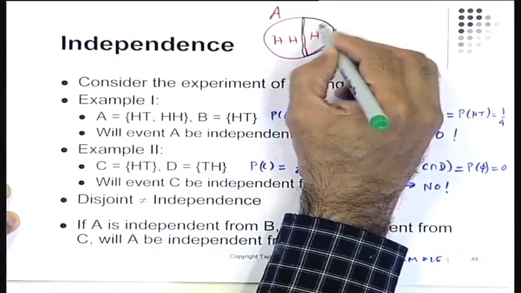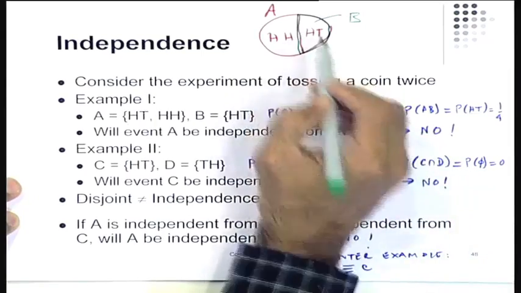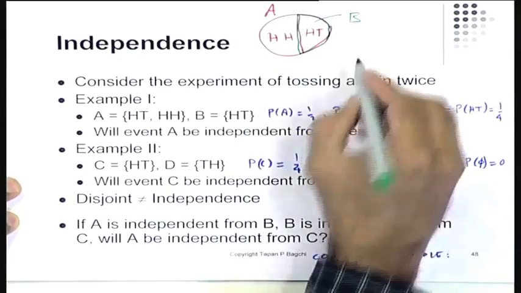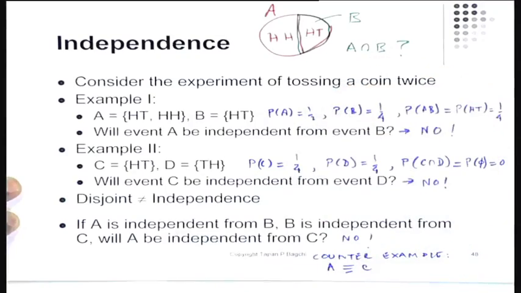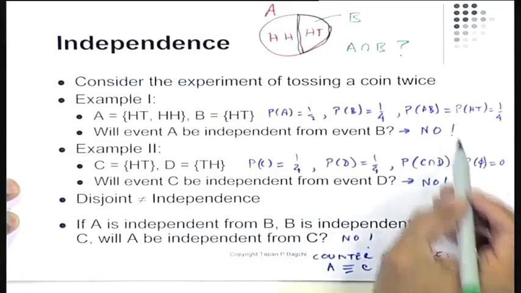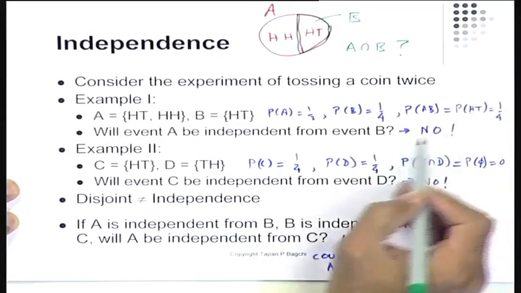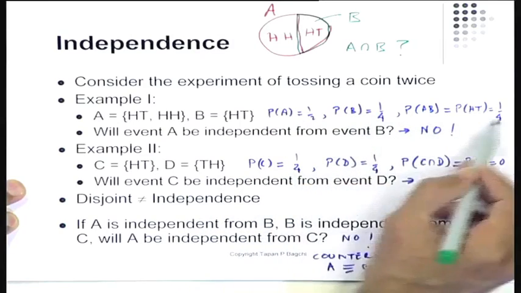This is B. So what is going to be the intersection of A and B? That is P(AB), A intersection B. What is that set? That is this. And what is the probability for this? That is 1 by 4. So here again I've got a situation where P(A) times P(B) does not equal this.